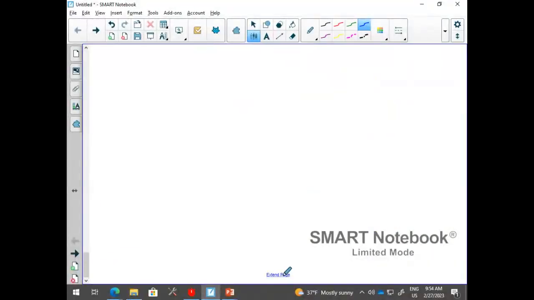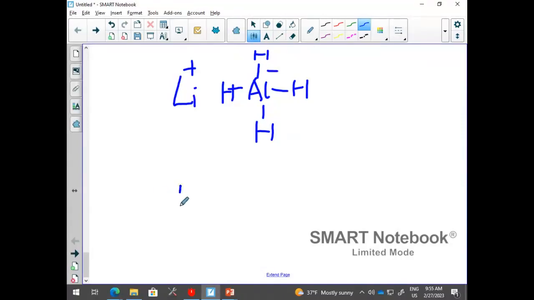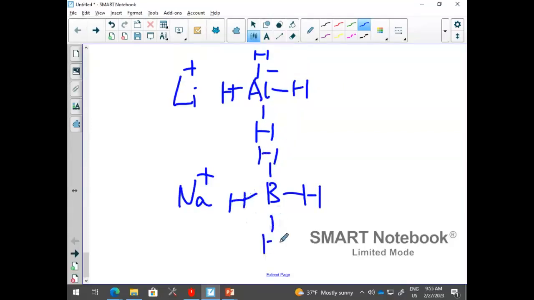If you look at the structure, they're actually highly similar. This is lithium aluminum hydride. So this is the positive part, this is the negative part, and the other one is sodium borohydride.